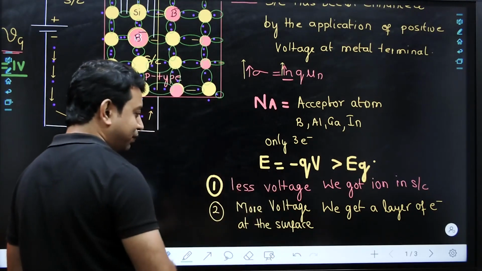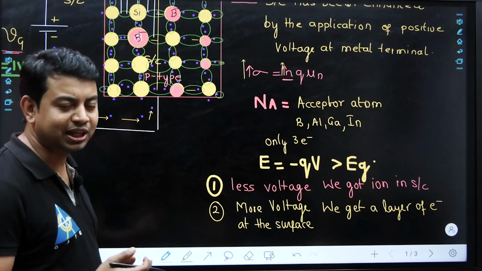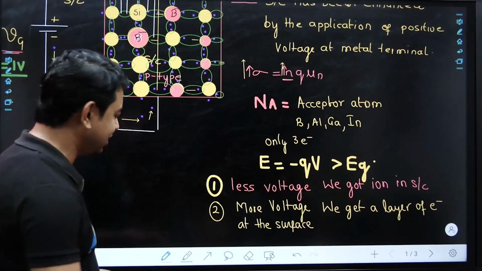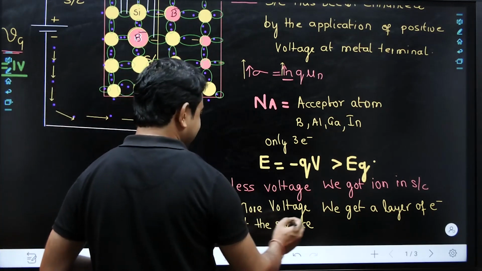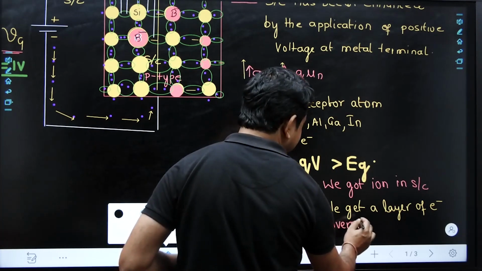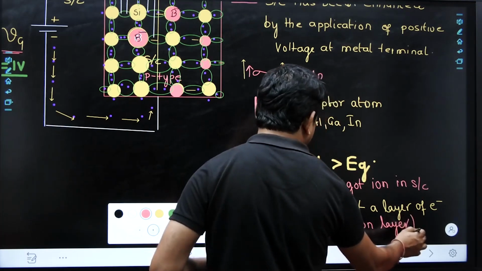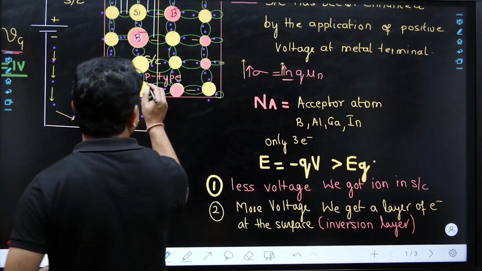This layer of electrons is acting as an inversion layer. Why is it called an inversion layer? The reason is that it is a p-type semiconductor.